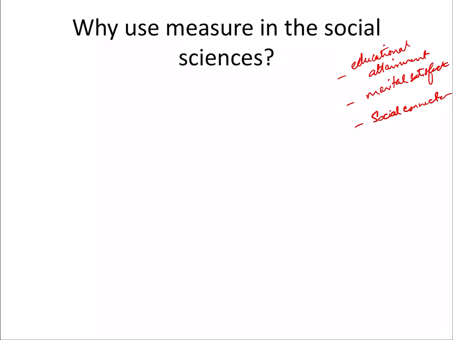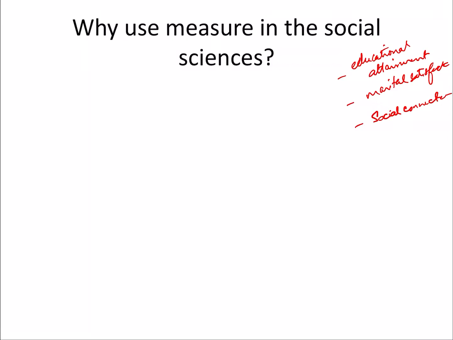Your textbook has several examples too. You can have multiple variables that scientists will use to measure any of these concepts. So two scientists could be measuring the same concept in different ways, and there can be disagreement.